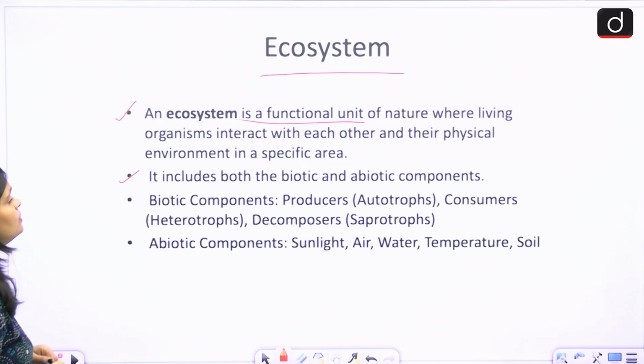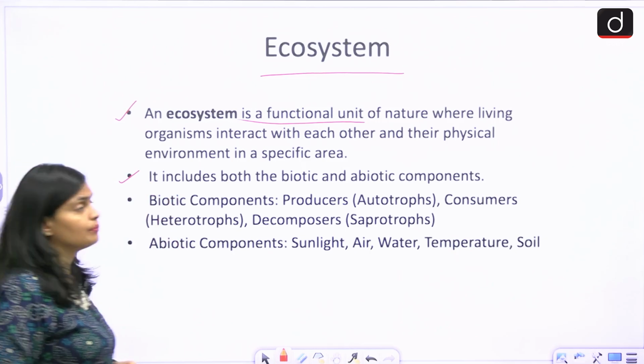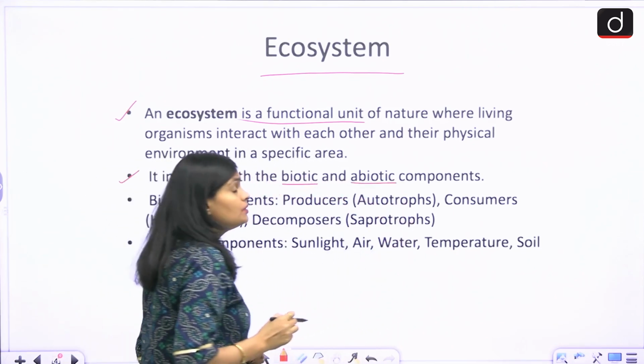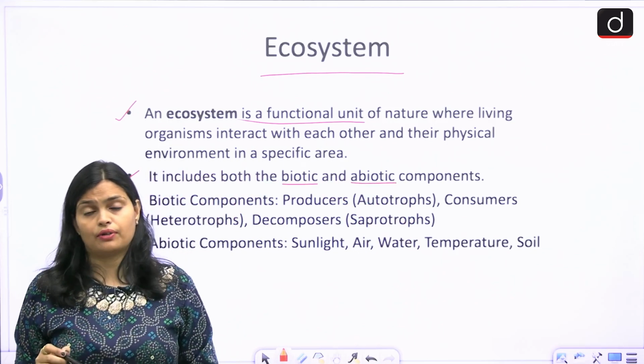It includes both biotic and abiotic components. So what happened, guys? An ecosystem includes both biotic and abiotic components.